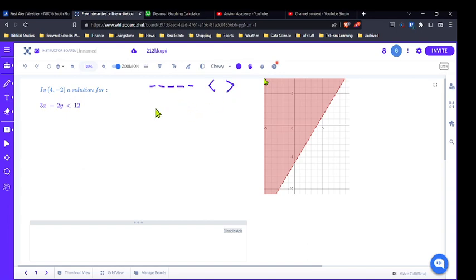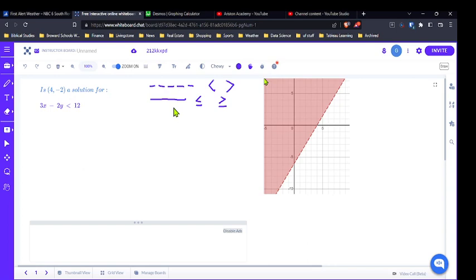Okay, so whenever you see a dashed line, it's always going to have an inequality of the form less than or greater than. However, if you have a solid line, then that's always going to be either a less than or equal or a greater than or equal. You'll always have an equal component with this solid line.